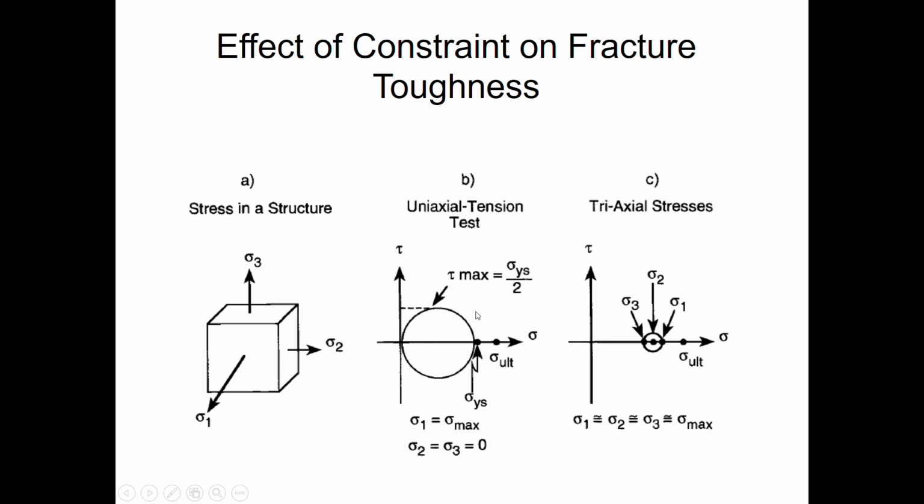So this is just the indicator for the uniaxial tensile test. Let's see the same for the triaxial stresses. This is for the triaxial stresses, just like here, but this is more onto the inner part, where you take one element. The triaxial will show the direction towards the structure, where sigma 1 is almost equivalent to sigma 2, and almost equivalent to sigma 3 and sigma max.